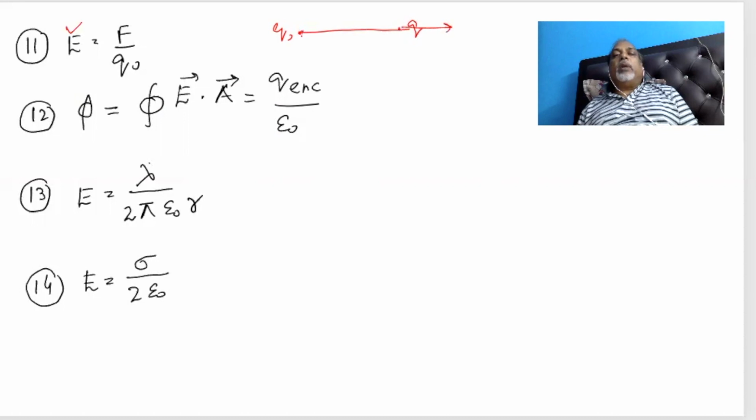This will be all equal. We are taking the plus charges for convenience, minus charge can also be there, and F will be nothing but 1 by 4 pi epsilon 0 Q0 into Q upon R square. Correct?